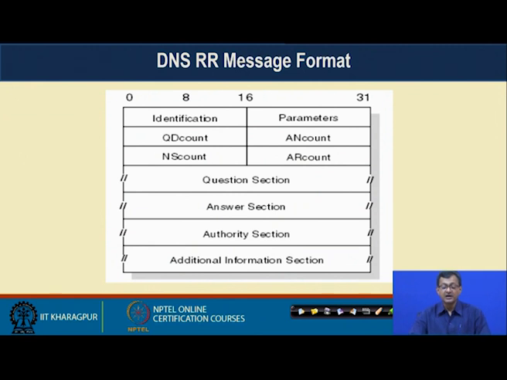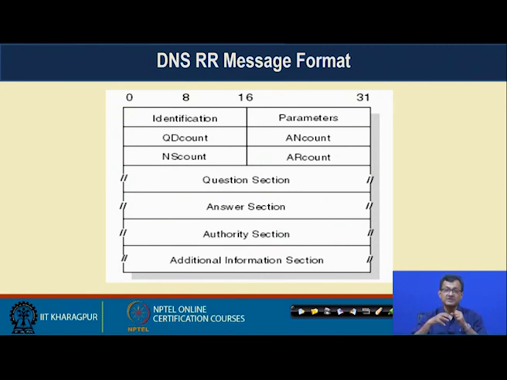This is a typical format of a DNS message, where some identification is required, parameters, query count, answer count, NS count, and AR count. So, these are record counts, so that we have the question section, answer section, authority section, and additional information section. This comprises the message format.